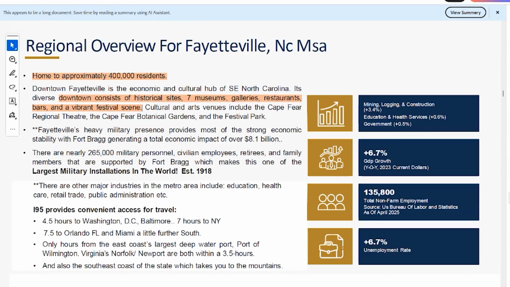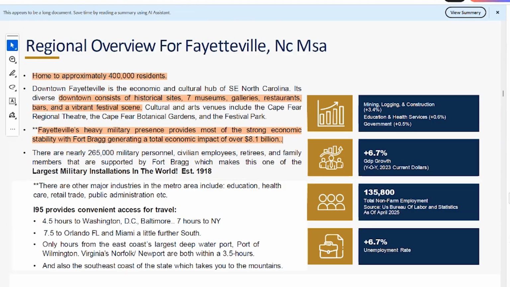Fayetteville's heavy military presence provides most of the strong economic stability with Fort Bragg. Total economic impact of 8.1 billion. So this is a heavy military area. That seems to be what's keeping this market stable. But if it's only dependent on this military base, that could be a yellow or red flag too.